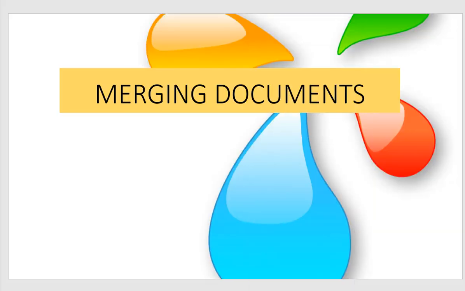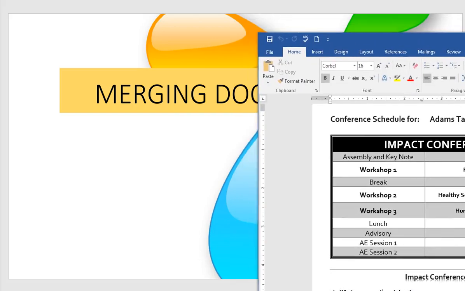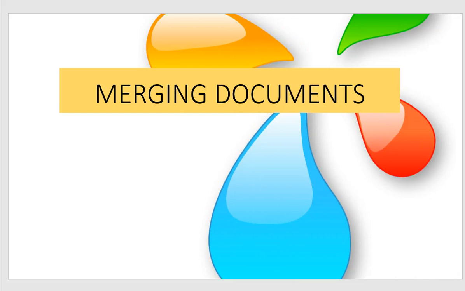And let me give you another example. This example is from a project that my daughter had done at school about 2 years ago. They were having a conference at their school, the Impact Conference, and they have students who need to sign up for all sorts of workshops during the day.